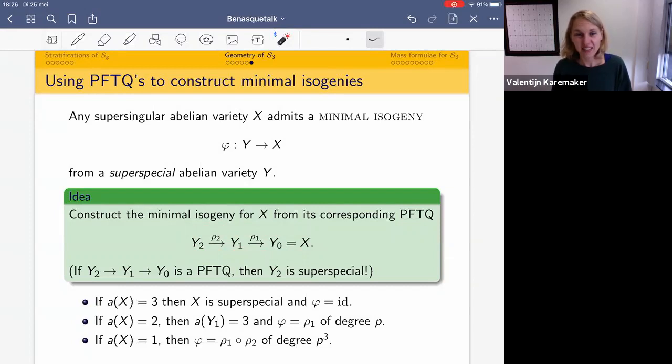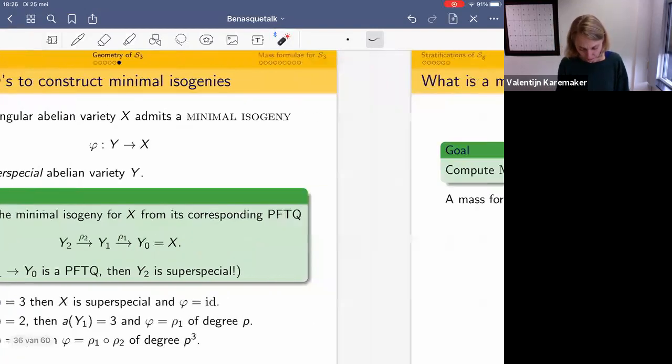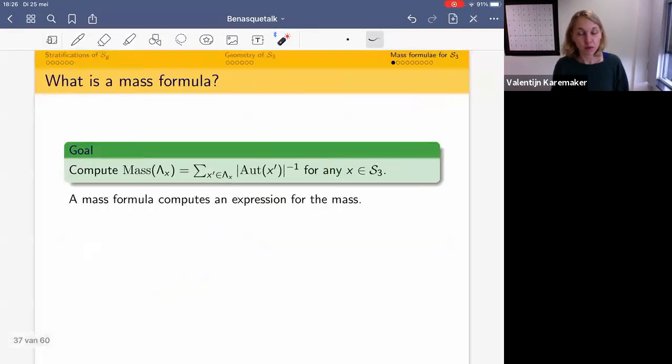But now let's finally get back to our goal of computing these masses, in particular, computing mass formulae. So our goal was to compute the masses of the sets, the central leaves Lambda_x for any x in S_3. And we want mass formulae, which means basically just a nice expression for this mass.